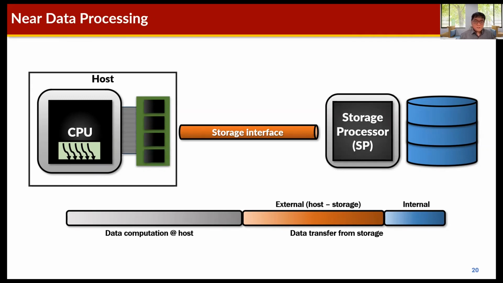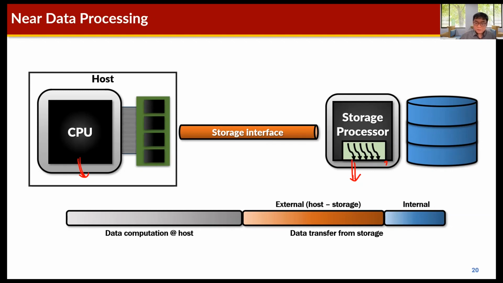So with the near data processing, the storage system has the storage processor, and this is the general storage processor, and this is the processing thread. So that means some computation part, the computation kernel, in the conventional system, is executed by host CPUs, but this computation kernel can be offloaded to the storage processor.